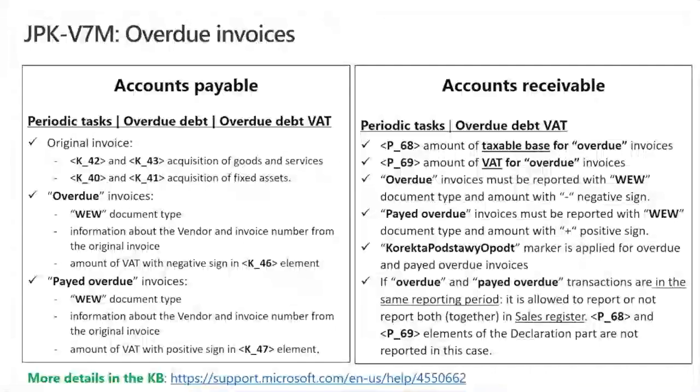And for paid overdue invoices, the VAT amount will be reported in K47 element instead of K50.